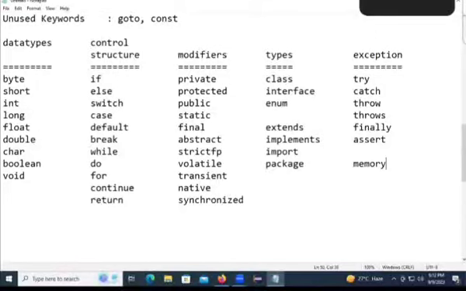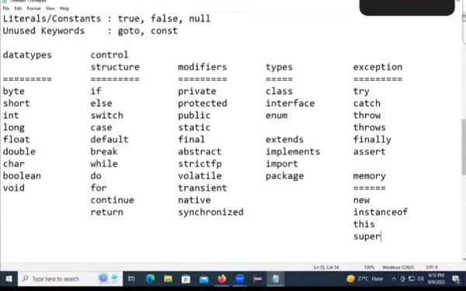And memory related: new, instanceof, this, super. These are the keywords.